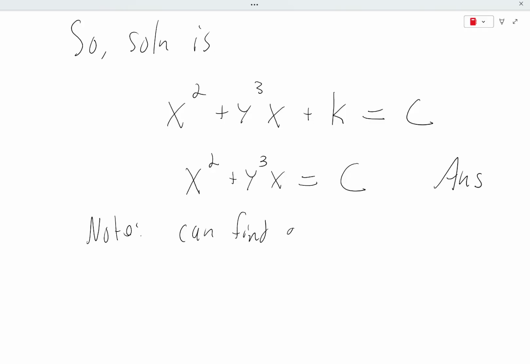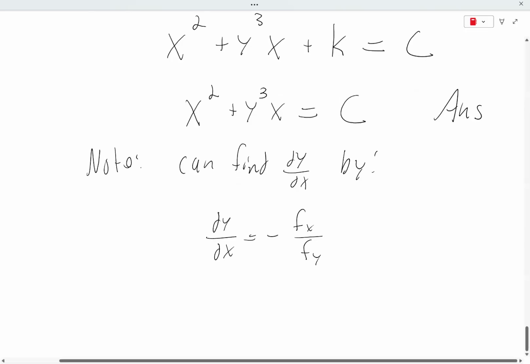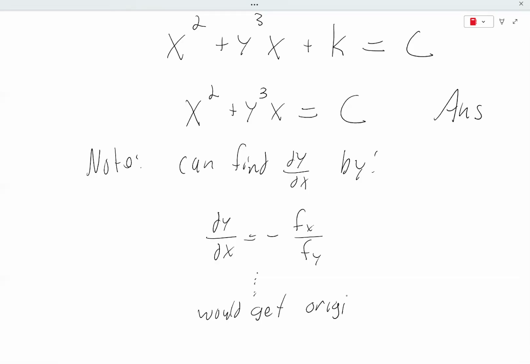You can find dy dx by this: dy dx is equal to negative f sub x over f sub y. If you did that and moved the equation around, you would get the original differential equation that we were trying to solve in the first place.